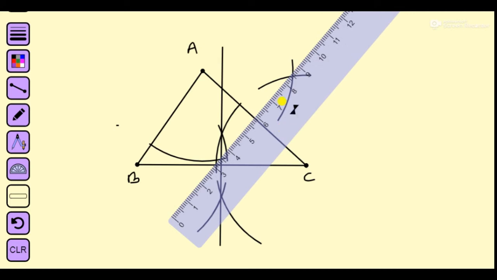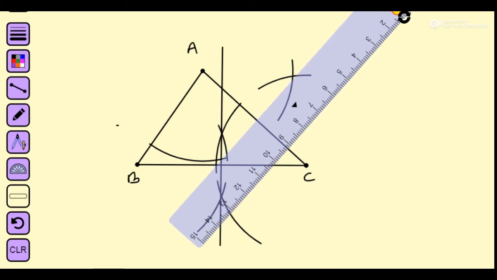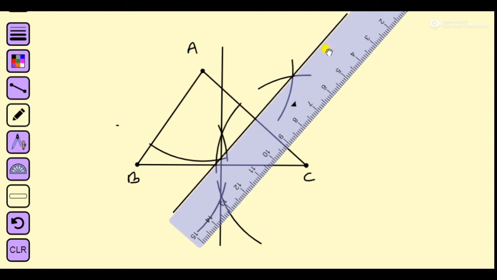Here, and make a line with the help of a pencil, like this.